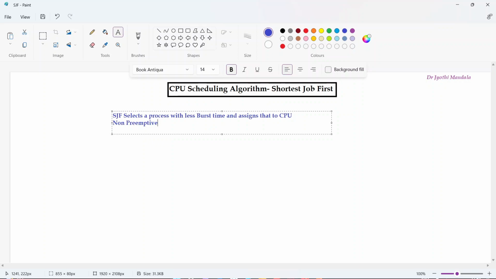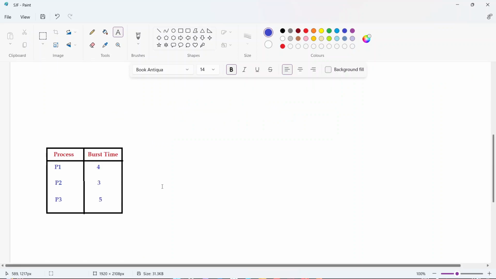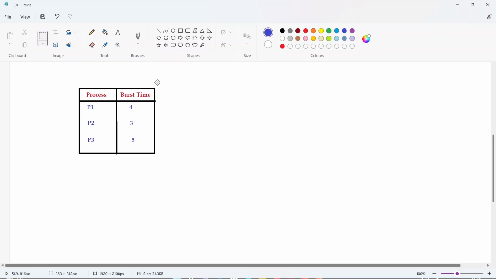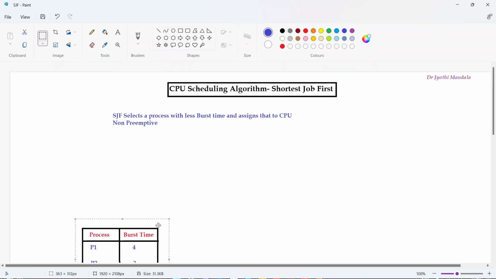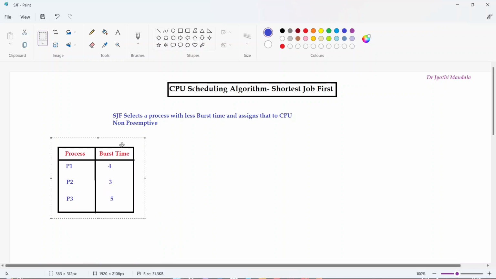To understand this even better, let us take one example and see how we can calculate the waiting time and the turnaround time using shortest job first. Here I have considered three processes, and each has its own required CPU time, mentioned in the burst time column.